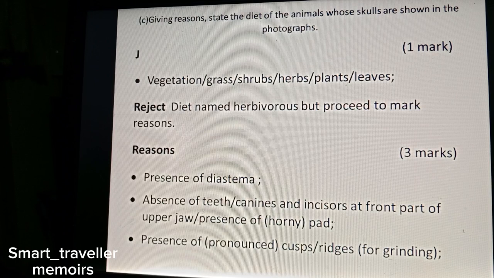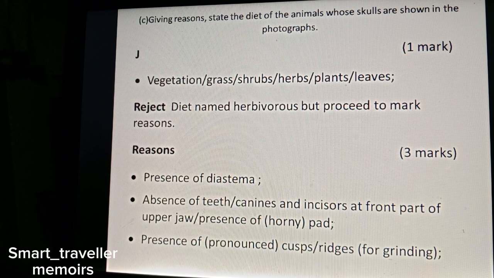Giving reasons, state the diet of the animals whose skulls are shown in the photographs. J, vegetation, or grass, or shrub, or herbs, or plants, or leaves. Reject diet named herbivorous, but proceed to mark reasons.